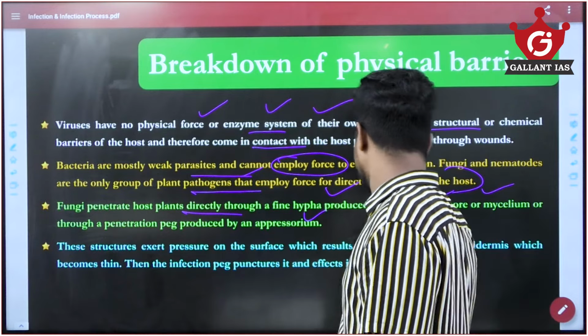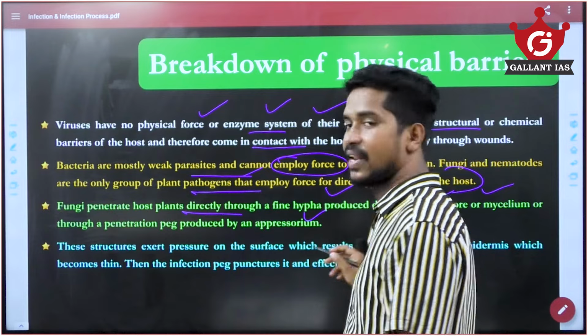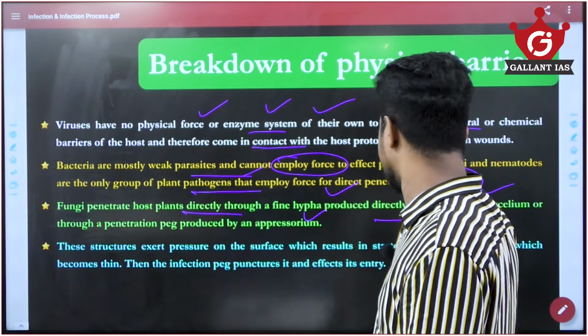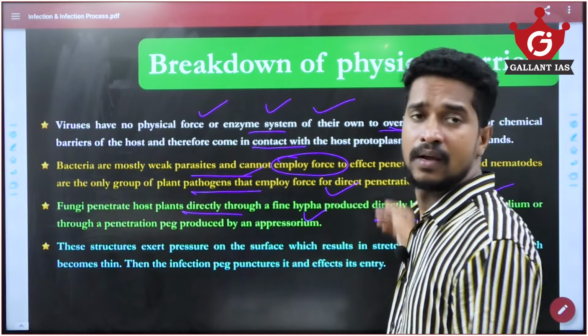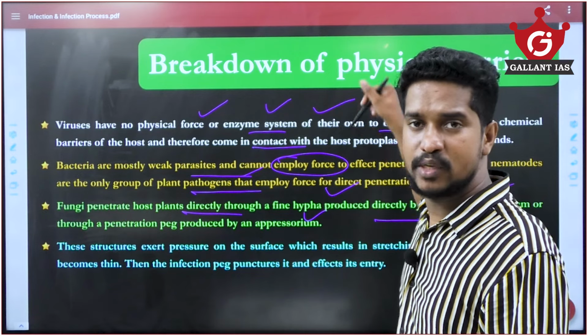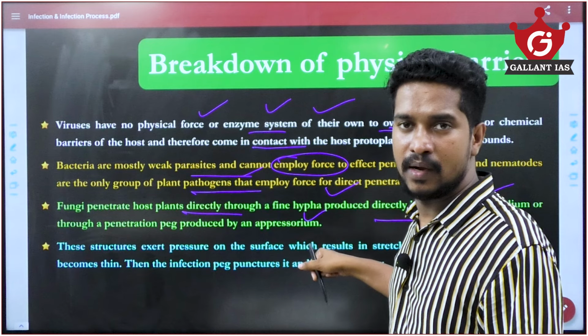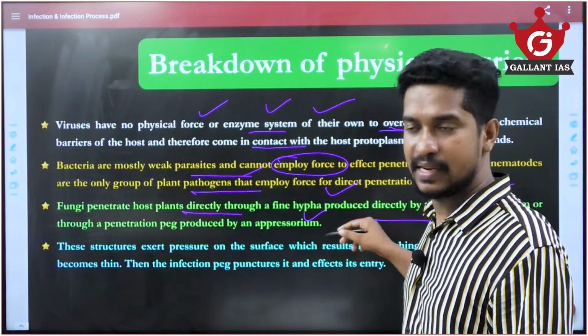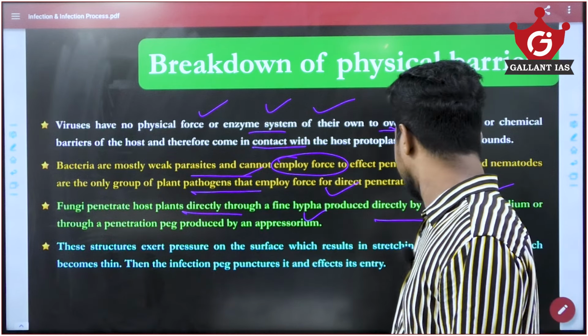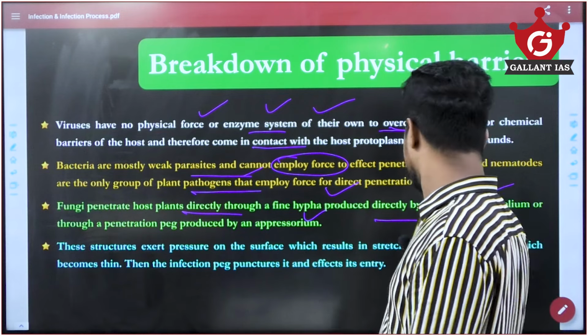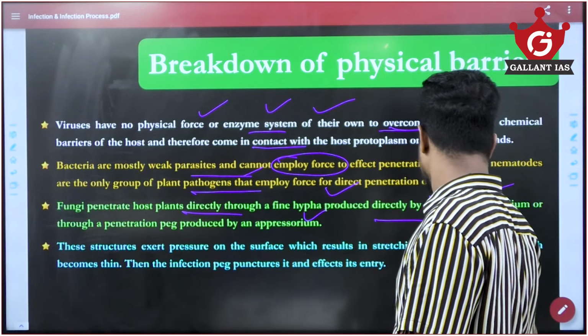We have discussed that on the penetration peg, the swelling on the germ tube is the appressorium. In cases like Puccinia graminis tritici, blade-like wedges pass through the stomatal slits, and inside it forms a substomatal vesicle, and then it forms haustoria.